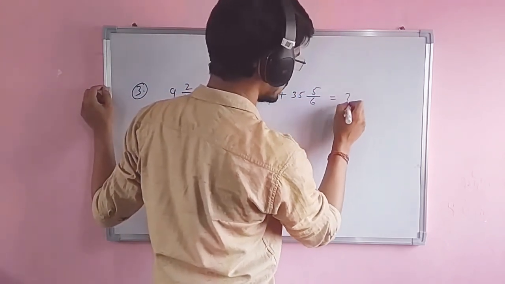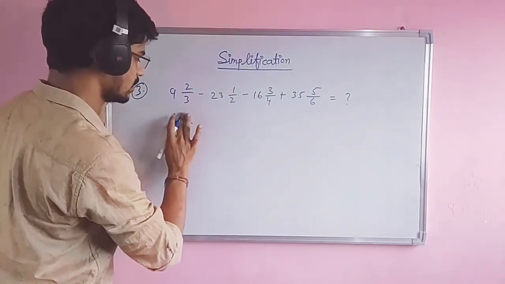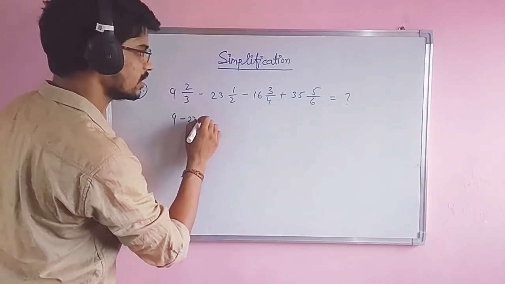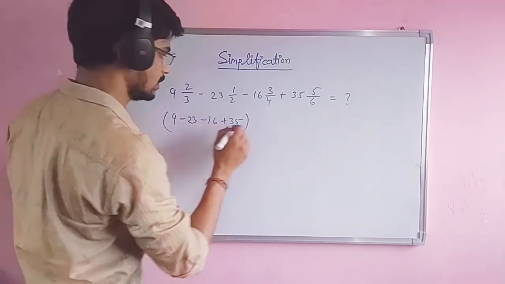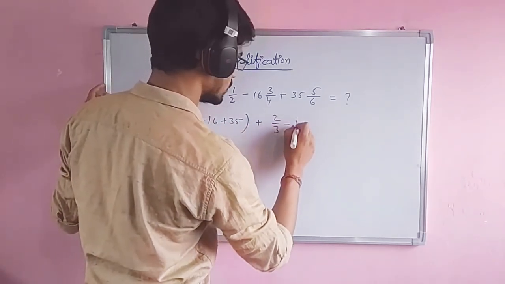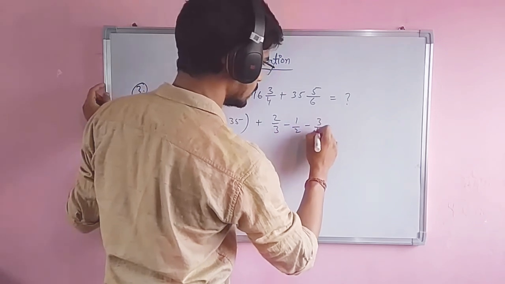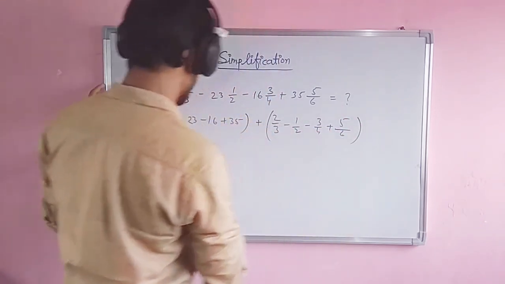How much? Calculate within seconds. Now take 9 minus 23 minus 16 plus 35 on one side, and plus 2 by 3 minus 1 by 2 minus 3 by 4 plus 5 by 6 on the other side.